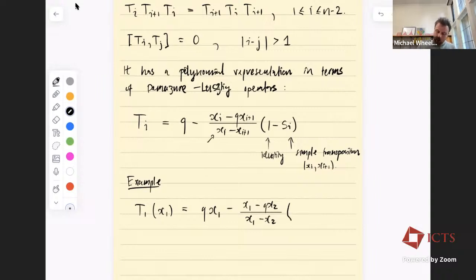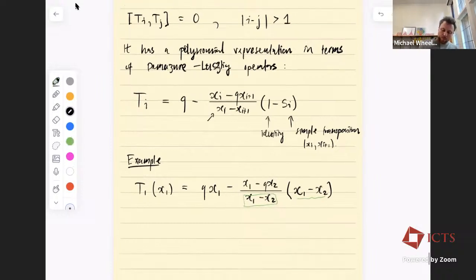And for this part here, the identity, that's just the function itself, which was x1. Now the transposition s1 will send x1 to x2. So I have x1 minus x2. So this is kind of the point. Whatever you generate here is always going to be divisible by this. In this case, they actually divide out perfectly.